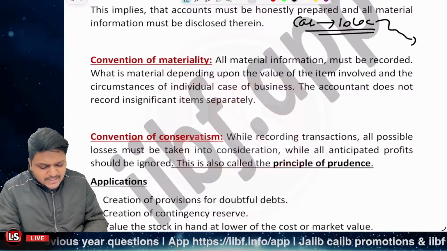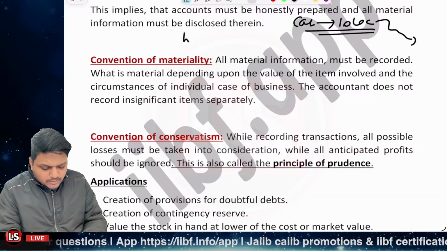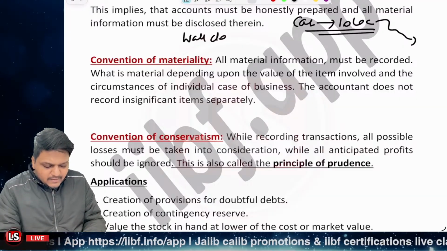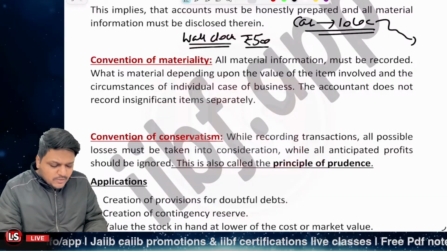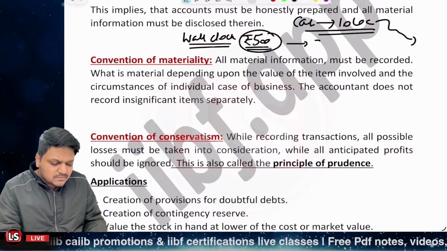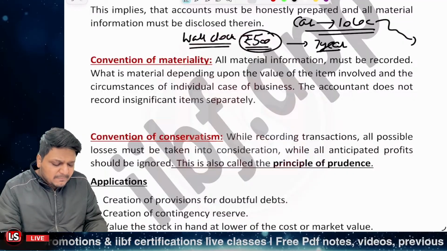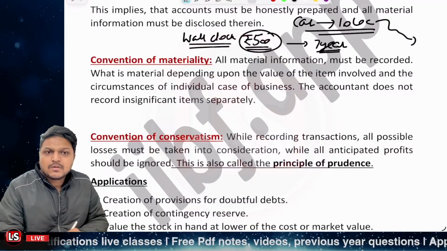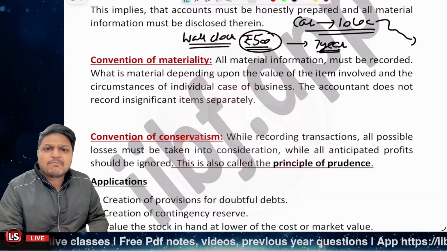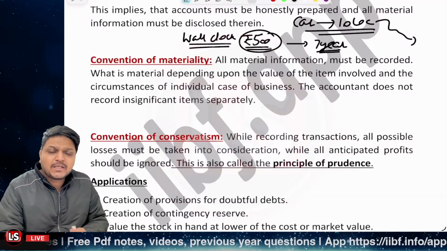But now let's say I purchased a wall clock for rupees 500, and that is going to be there for the next 7 years. Now, should I be providing depreciation on this rupees 500 for the next 7 years? No. Why? Because it is not that material. It is not going to matter as such.